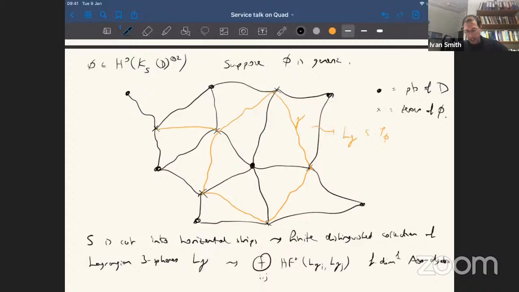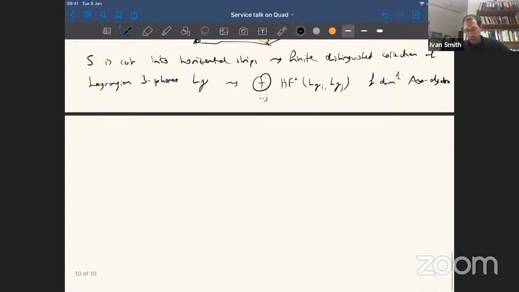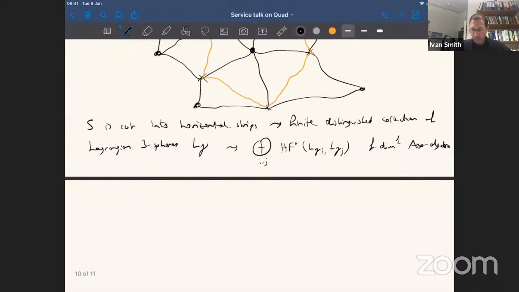And it's a consequence of the fact that I had a meromorphic differential and some of the constraints that come out of that, that this algebra turns out to be the kind of algebra that's governed by a quiver with potential.